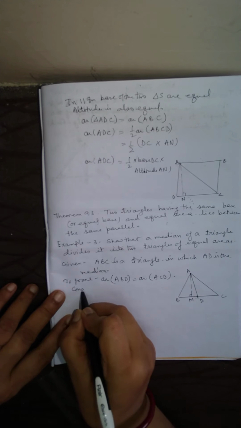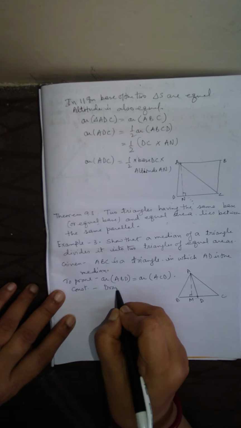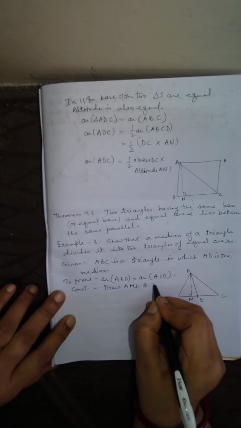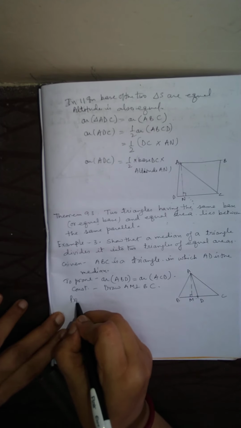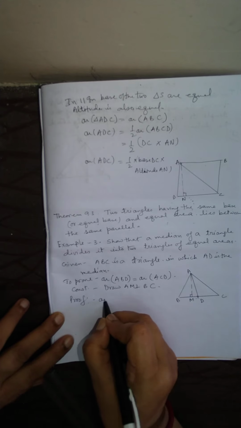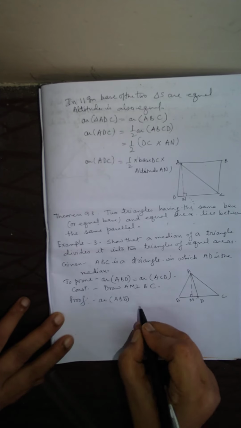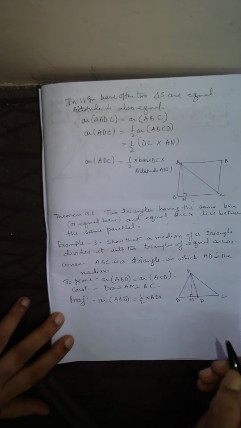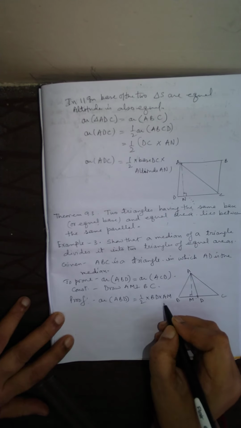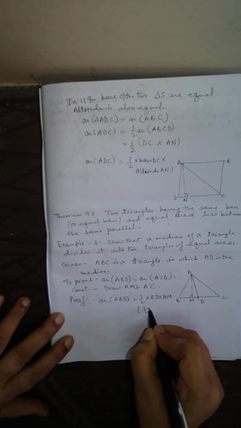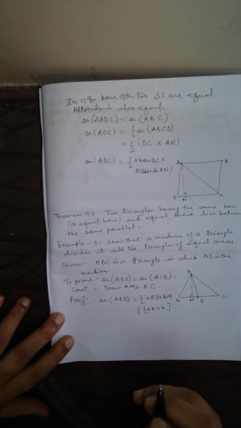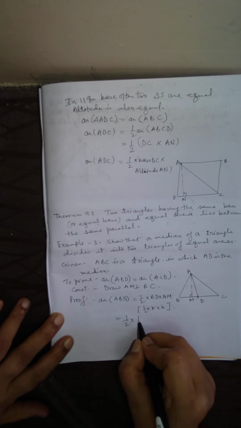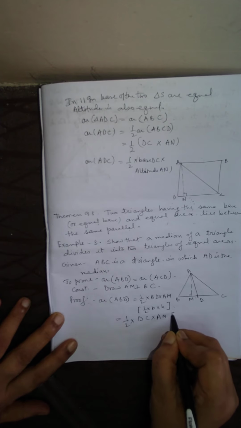So construction is here. Draw AM perpendicular on BC. Now see the proof. Area of the triangle ABD equals half into BD into AM. That is half into base into height. And this equals half into DC into AM. Why?